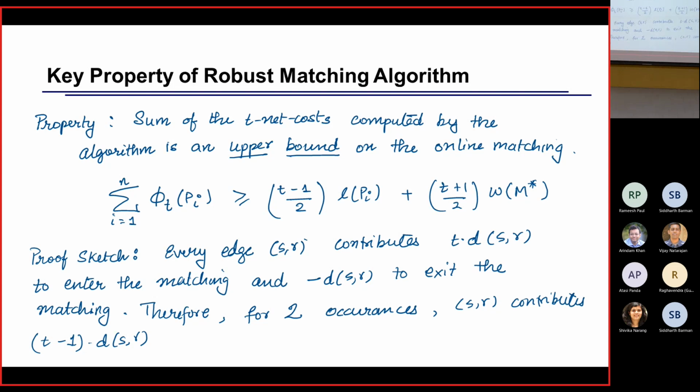Now, to answer your question, edges of the offline matching appear an odd number of times on augmenting paths. So we cannot pair them up as with 2 occurrences. So they contribute more to the T-net cost. And what we can say is that that extra contribution is this.